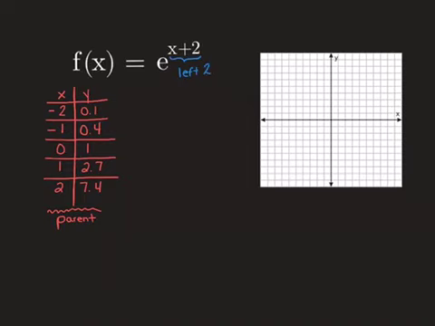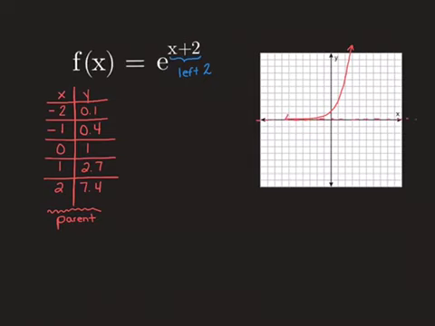So let's graph our parent function. -2, 0.1, -1, 0.4, 0, 1, 1, 2.7, and 2, 7.4. So this was our parent function. And our little asymptote right here.